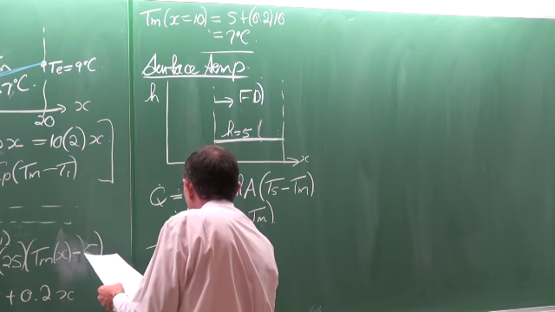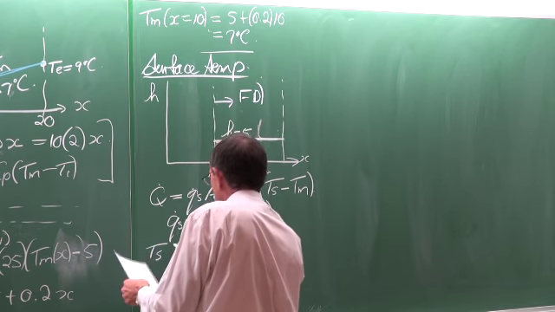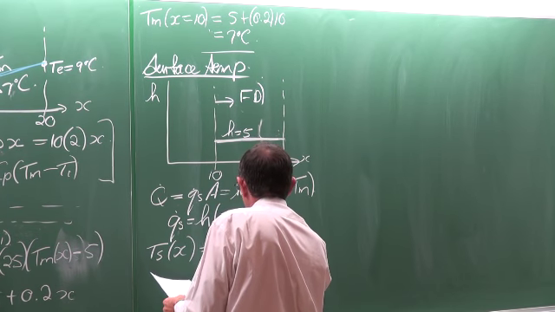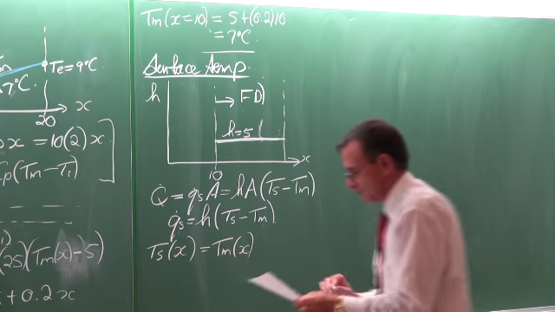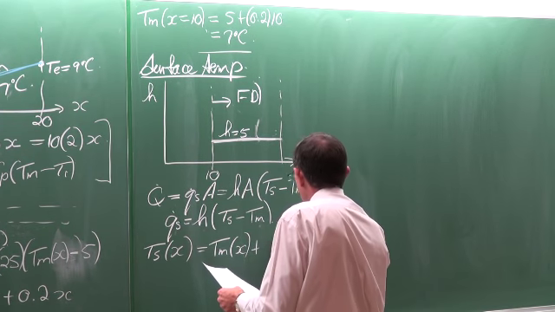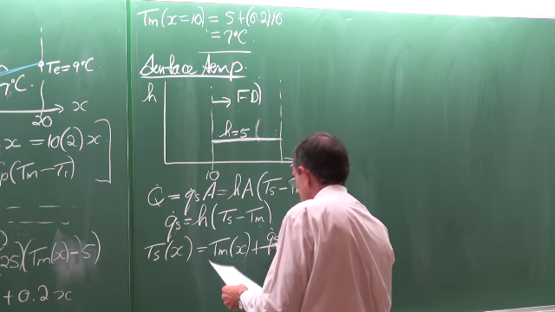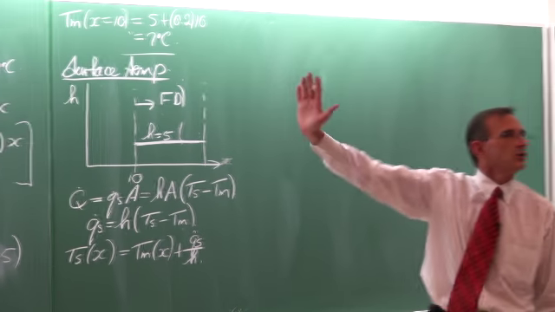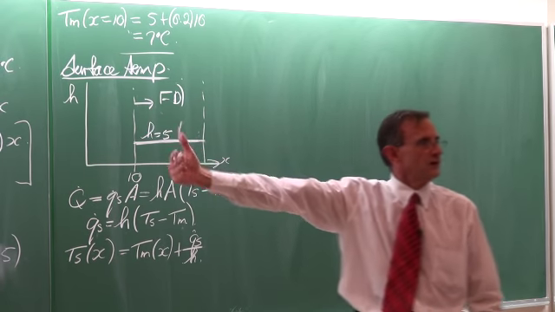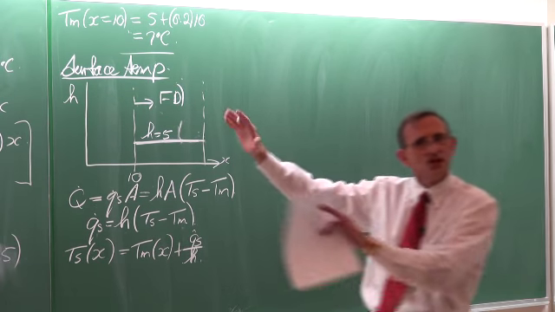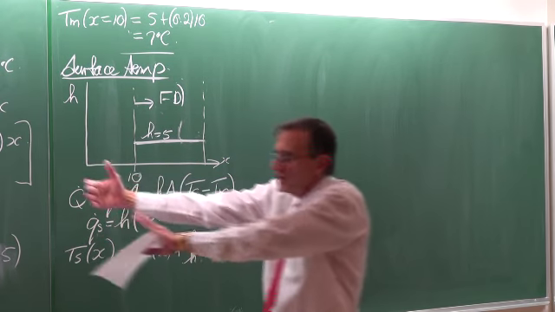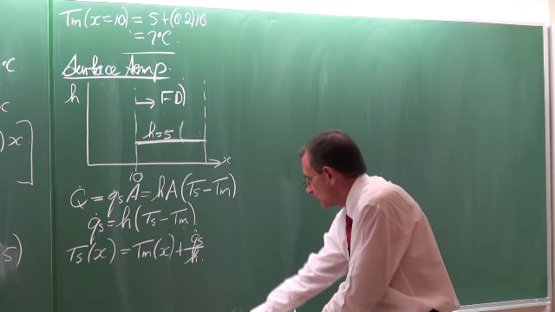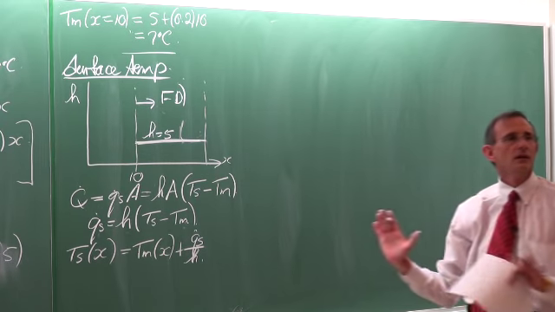So if we just rewrite the equation, then we can say that the surface temperature as a function of x is going to be equal to the fluid temperature as a function of x plus Qs divided by h. So it's the same equation that we've derived previously. By just following logic and the simple equations that you know, you should be able to solve everything that you want.